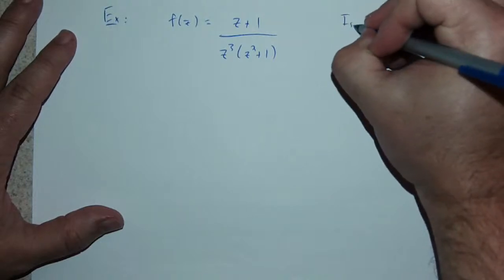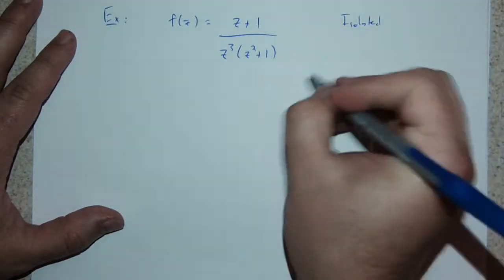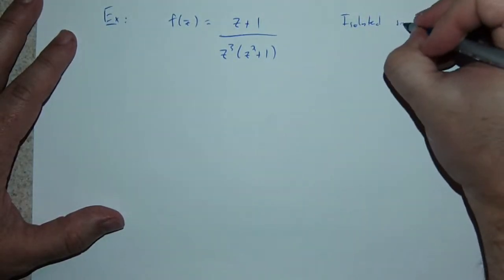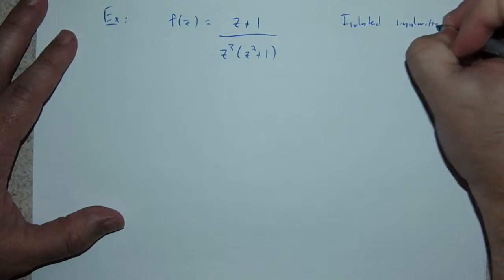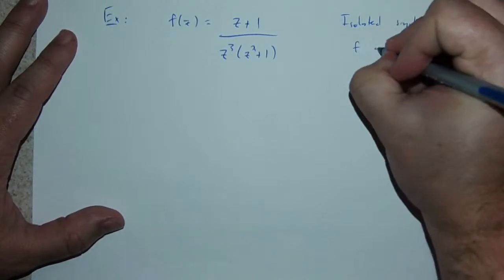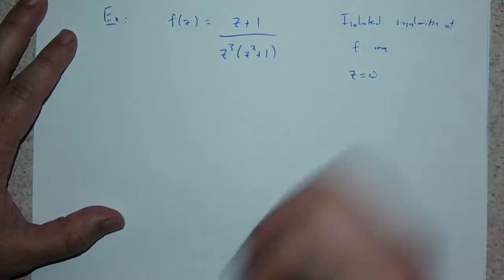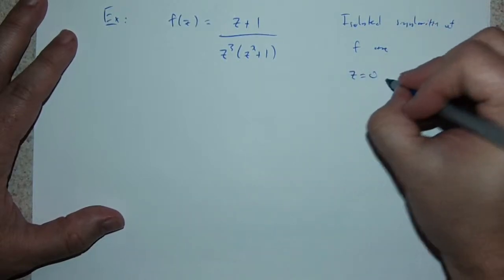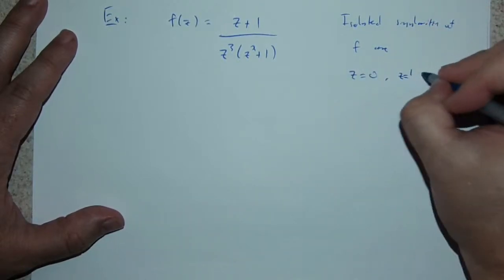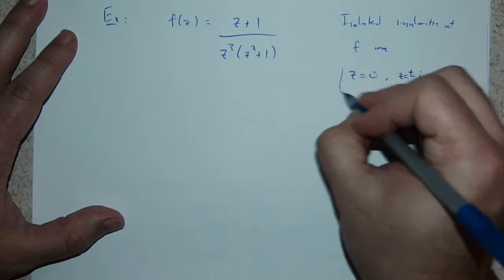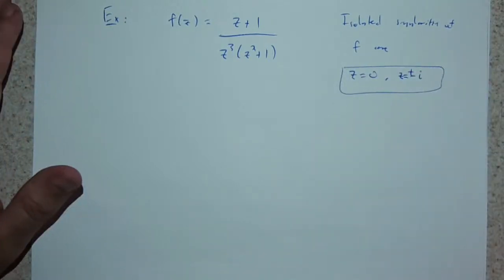The isolated singularities of f are the points z equals 0, and z equals plus or minus i. So it's got 3 isolated singularities.